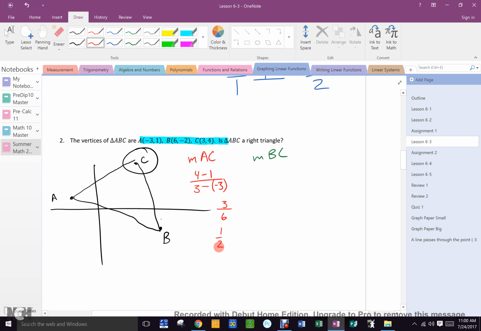stop for a second. And it's going to seem like I'm picking on them, but I'm not. Ekdeep, if I know this slope is 1/2, if this is a right angle triangle, then what will this slope have to be? What happens to a slope if it's going perpendicular? Look back 1 second ago in your notes.